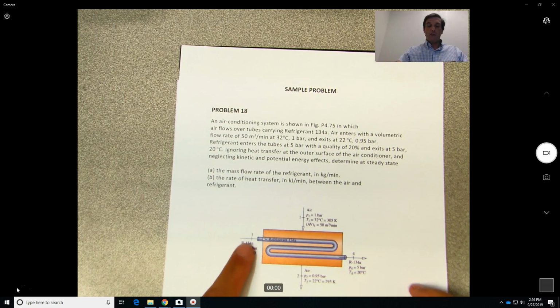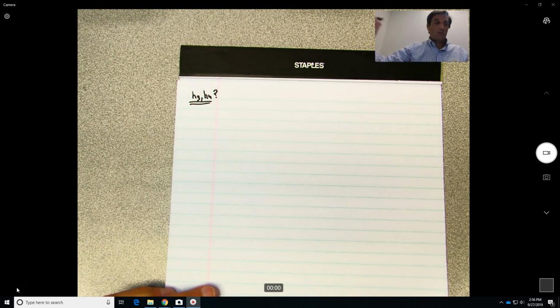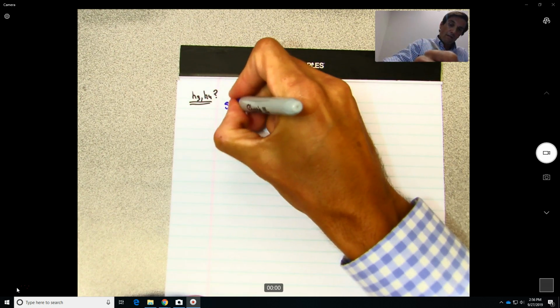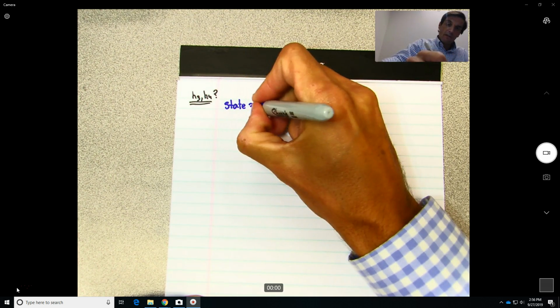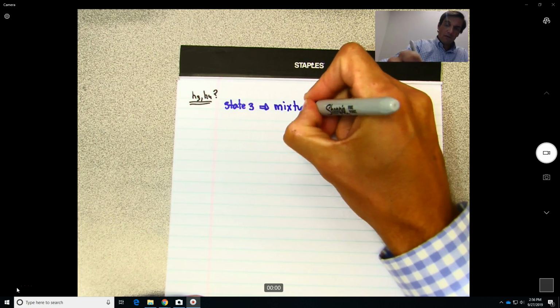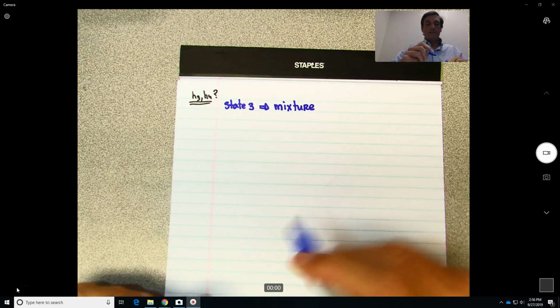At point 3, we know state 3 is a mixture.